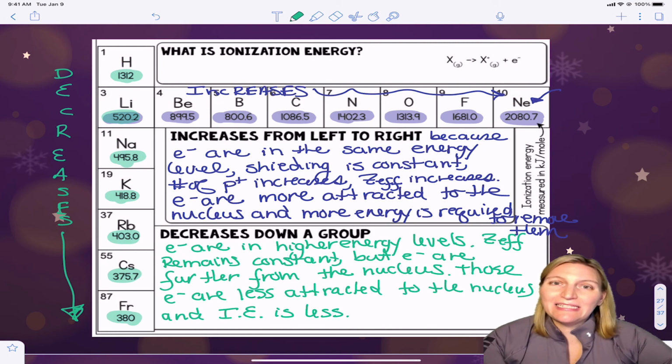It takes less energy to remove an electron when it's further from the nucleus.